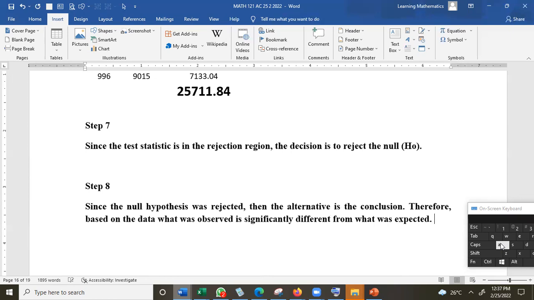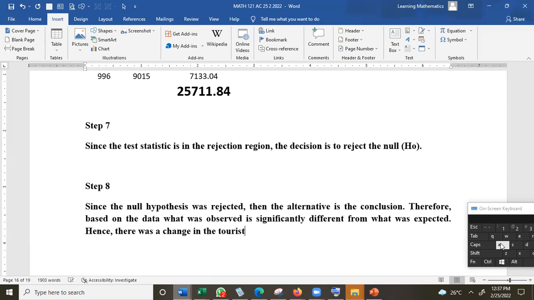Hence, there was a change in the tourist arrivals from 2000 to 2022. Always say based on the data, yeah? Based on the data that was collected.